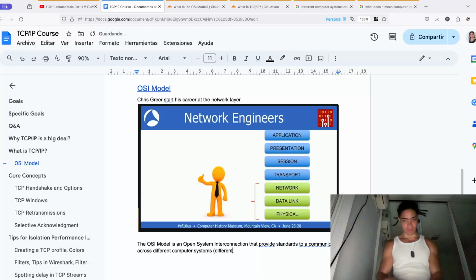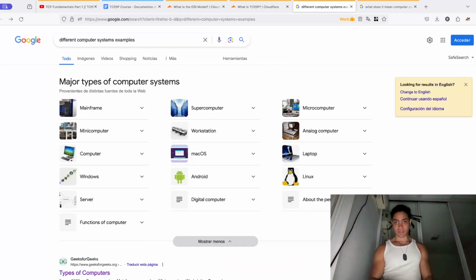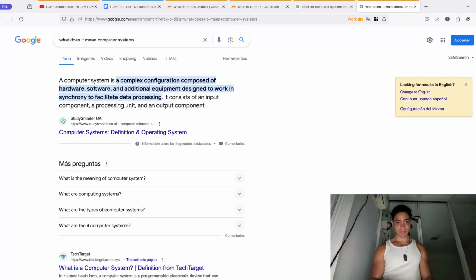Different configurations of hardware, software. That's the whole point of that. Different additional equipment or peripherals.